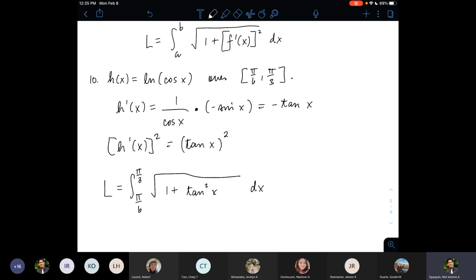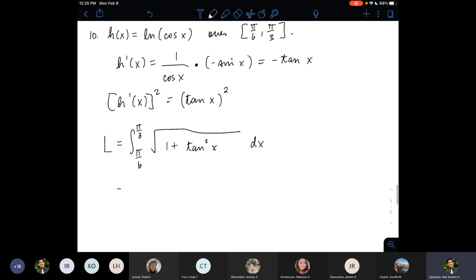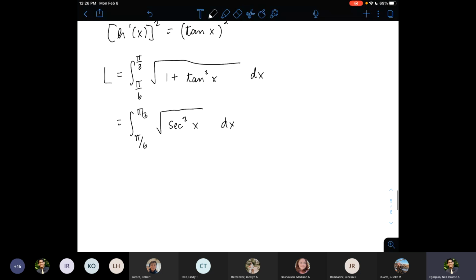I was thinking the secant squared here because the radicand 1 plus tangent squared is just secant squared x, using trig identities. So here we'll have pi over 6 until pi over 3 of secant x dx.